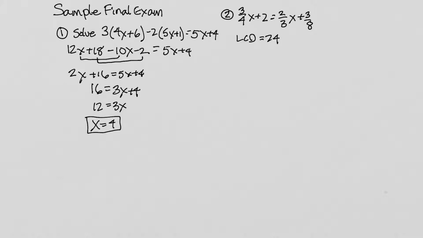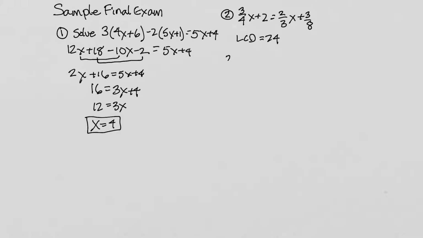So what we're going to do now is multiply both sides by this 24. It's going to be 24 times this whole side, 24 times this whole side, and then when we distribute, the LCD lands right next to all of the originals.